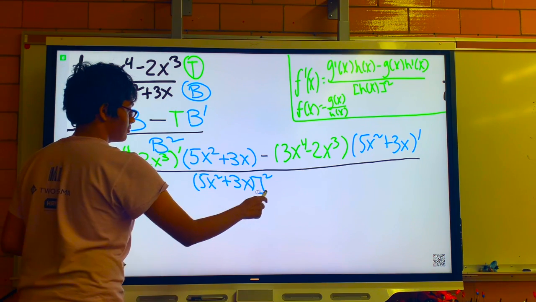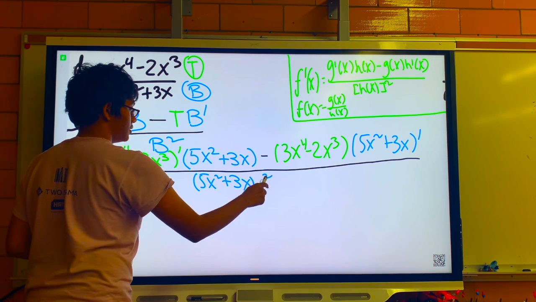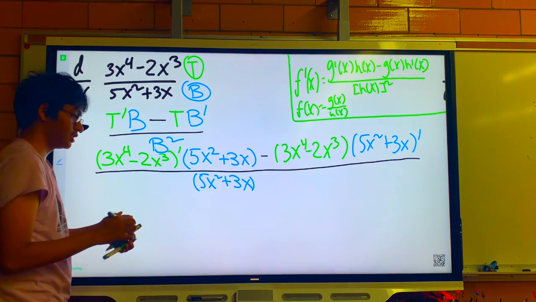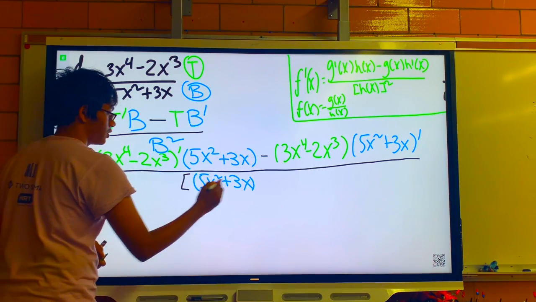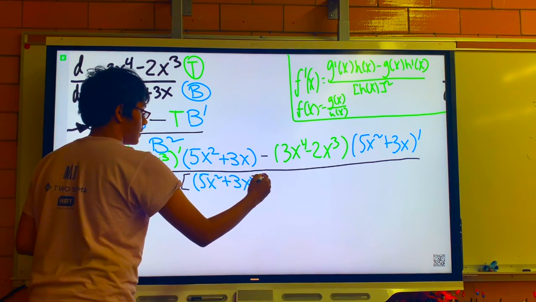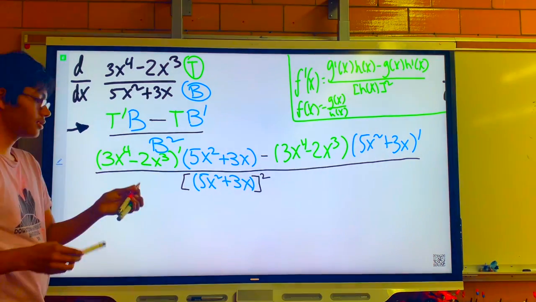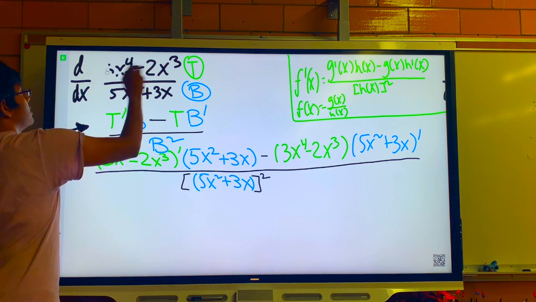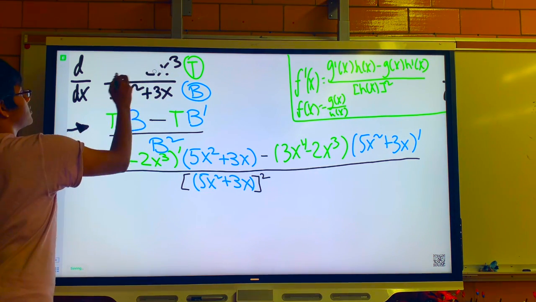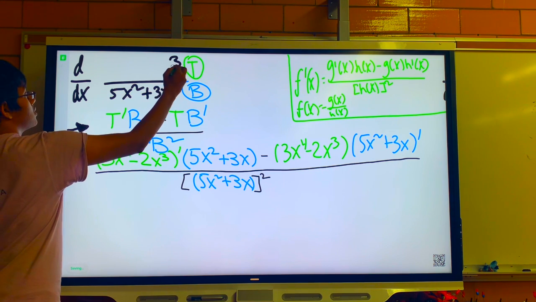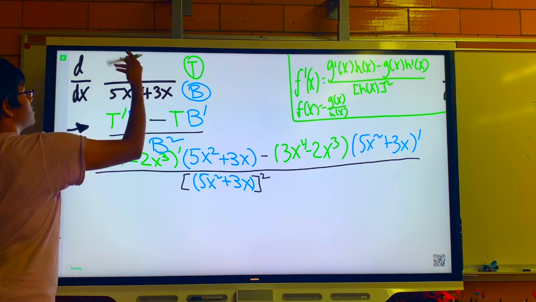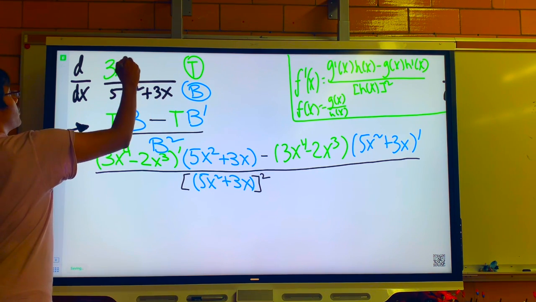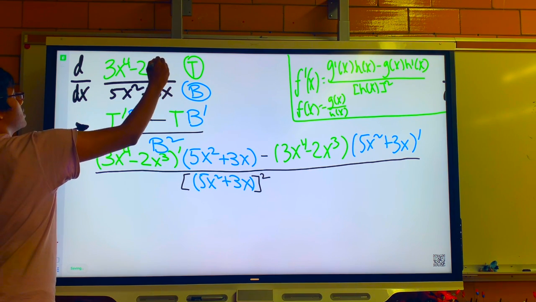And let me write this in black ink so you don't get confused, because the squaring part is not actually part of the function itself. Alright, and let's go ahead and color code this as well so that we remain consistent. 3x to the fourth minus 2x cubed.